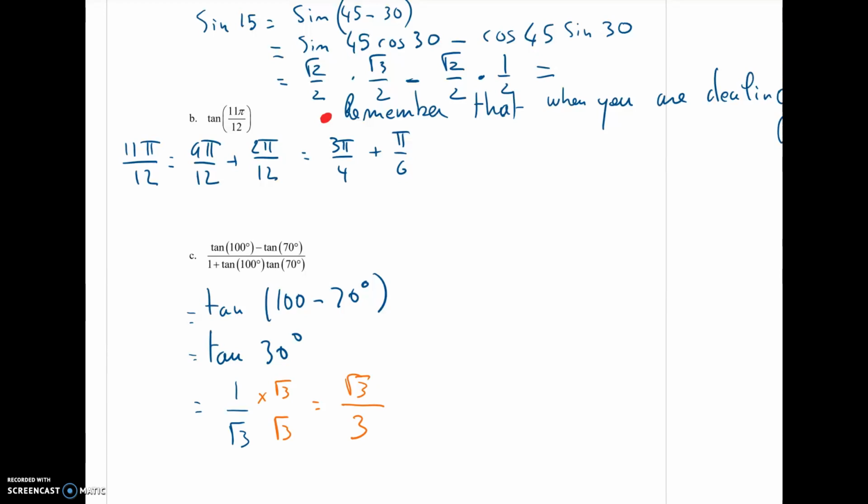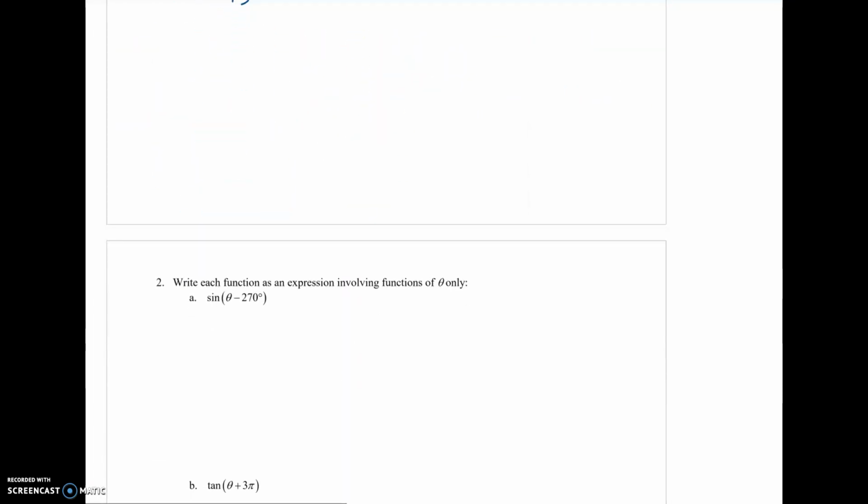Alright, let's move on to the next problem. Write each function as an expression involving a function of theta only.